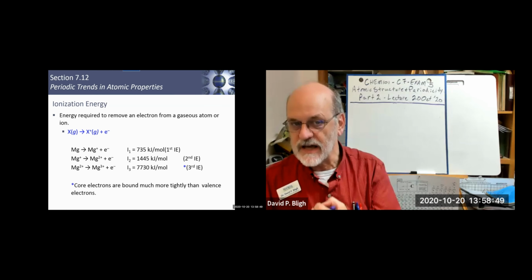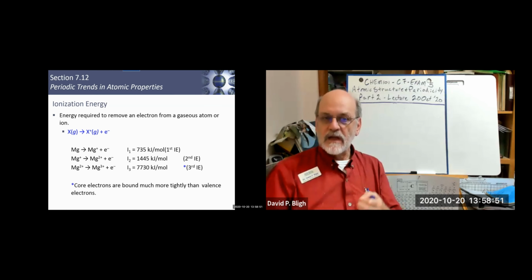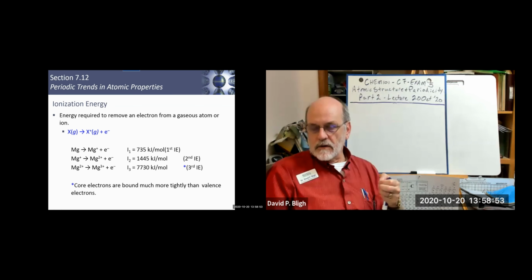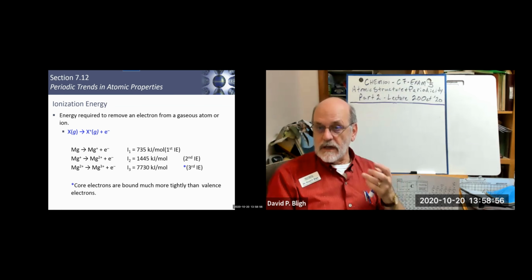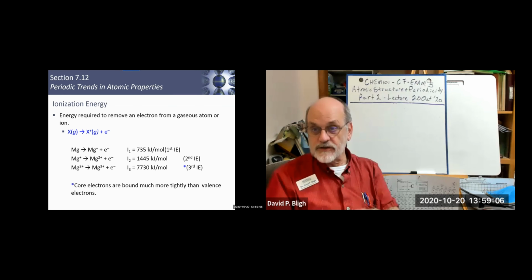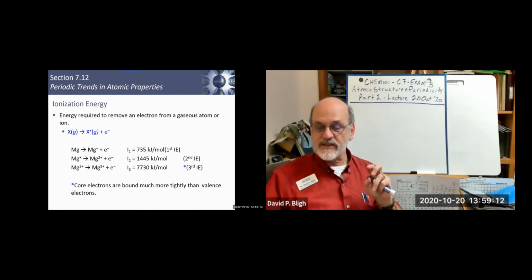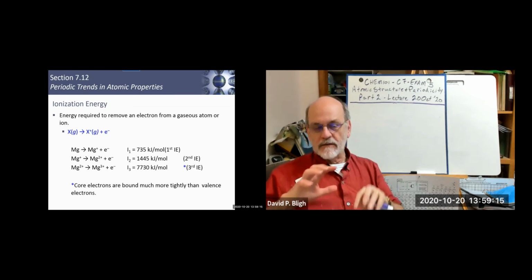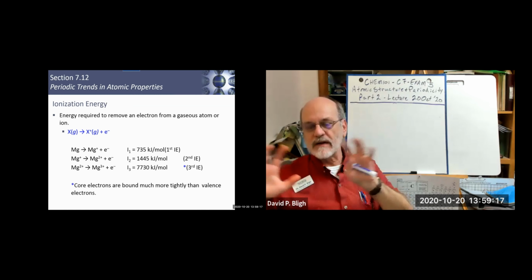That's the ionization energy. Well, if you start with the ground state atom in its standard state, if you start with a metal, then most of the energy you're going to put into the element is just to separate the atoms. You haven't touched the electrons yet. So we want things in the gaseous state because at that point, they're virtually independent atoms.